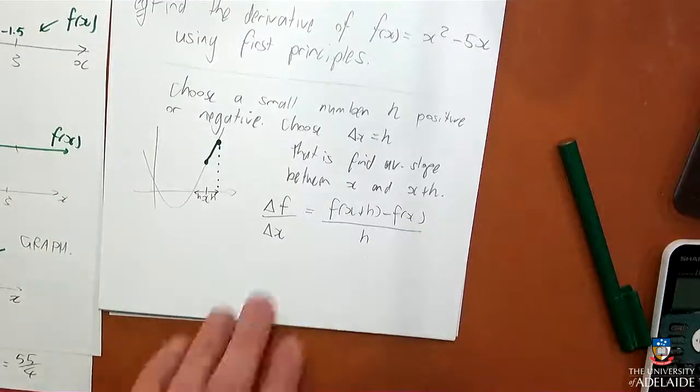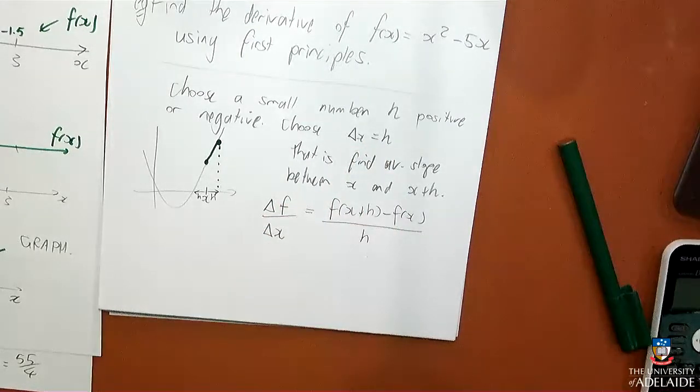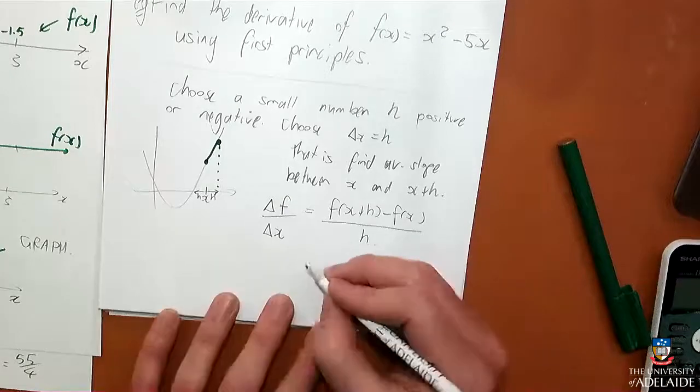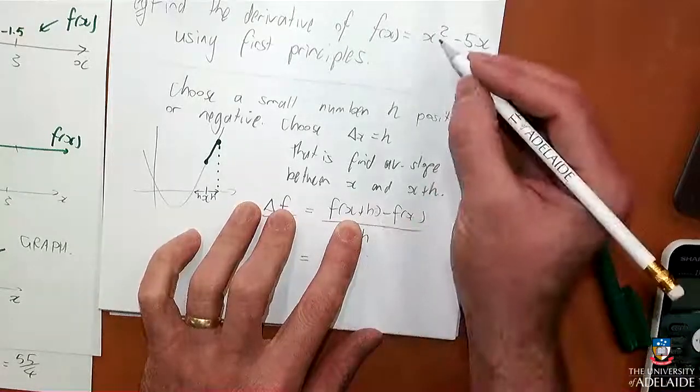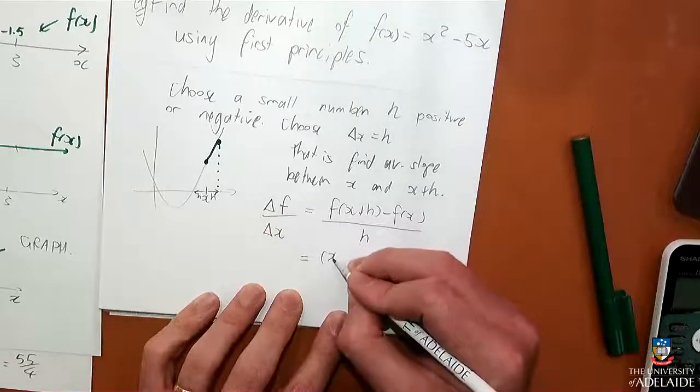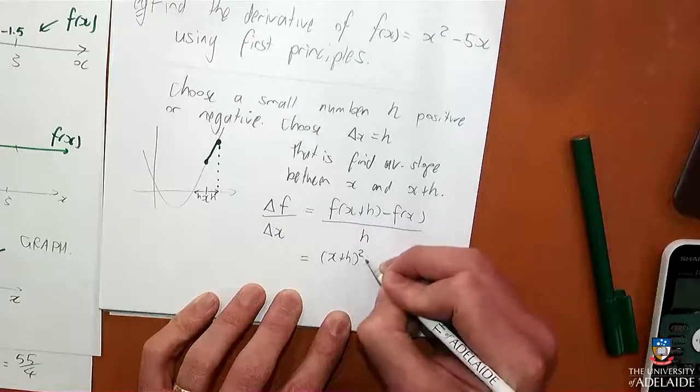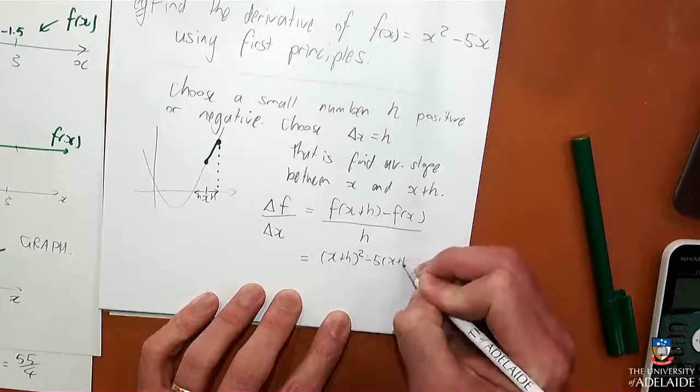Okay, because that's what delta x was. And then I do some algebra until I get to a point where I know what this is. So let's see. f of x plus h is what I get when I put x plus h into this formula instead of x. So I will have x plus h squared minus 5 of x plus h.